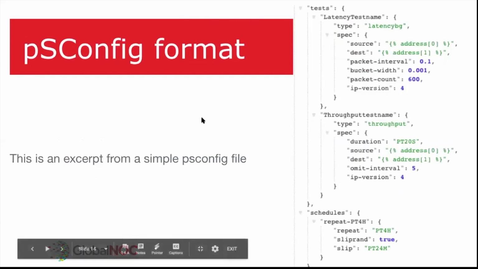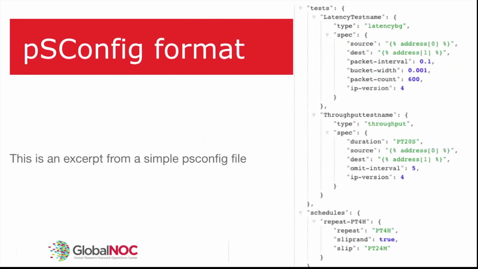So here's just a little overview of the pSConfig format. Again, this probably looks familiar to people. I just pulled out the test specs as an example of what this looks like. So, if you wanted to come in here and change the packet count that your latency BG test is putting out, you would come in and edit this file, and then wait for the nodes that are in this mesh to pull it down, and then they would get the results.